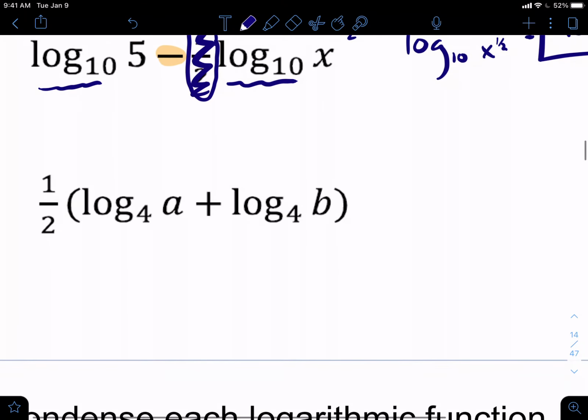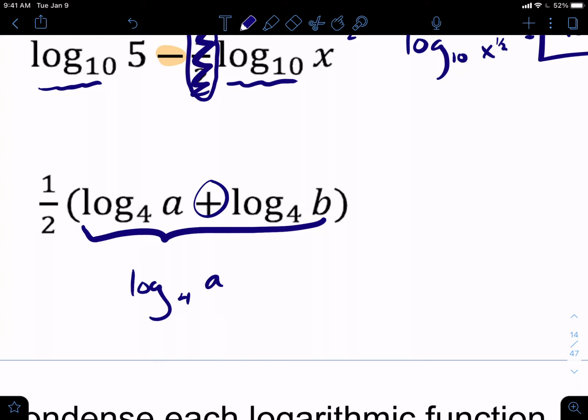Looking at the last one. Now, this 1/2, as we see, is actually going to go to both of these at the same time. Or it belongs to both. So we can actually put this together to start if we want to go this route with it. So we would have log base 4. Now these are being added, so they're just being multiplied, of a, b with the 1/2 in front. Now the 1/2 does need to move back up top.